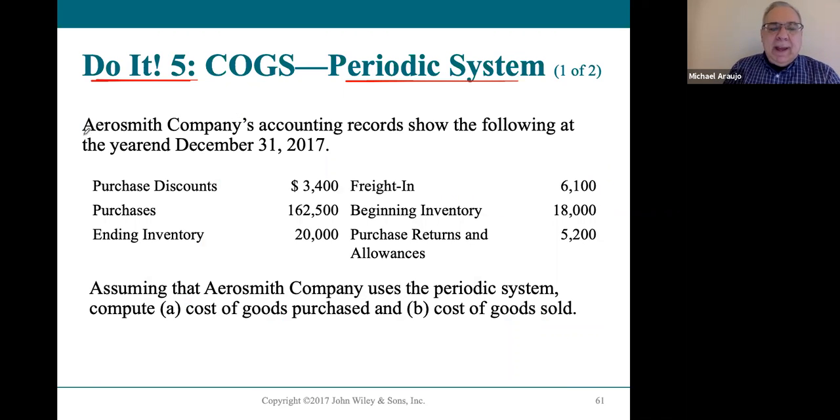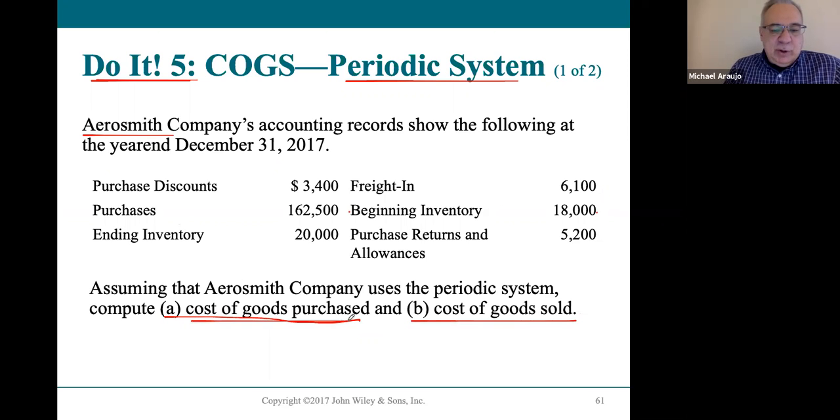And let's rock and roll with Aerosmith's company here, showing a bunch of data. And they want you to do two things. They want you to compute the cost of goods purchased and the cost of goods sold. So again, everything's going to start with beginning inventory. So that's the first thing.